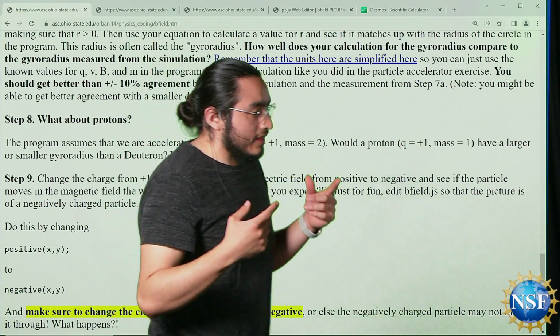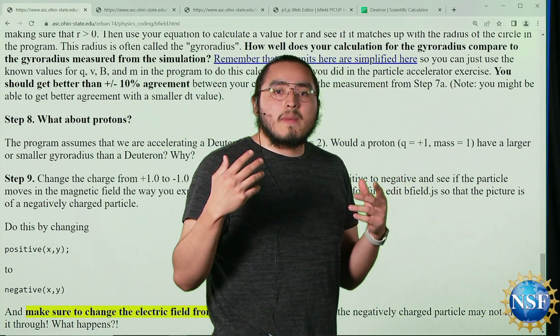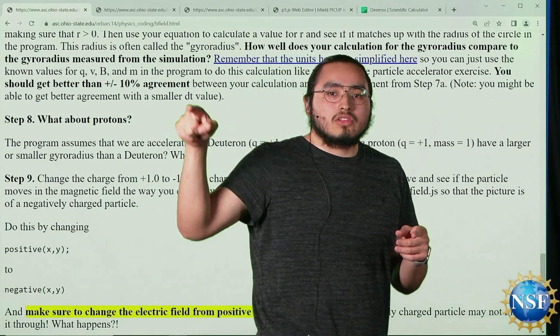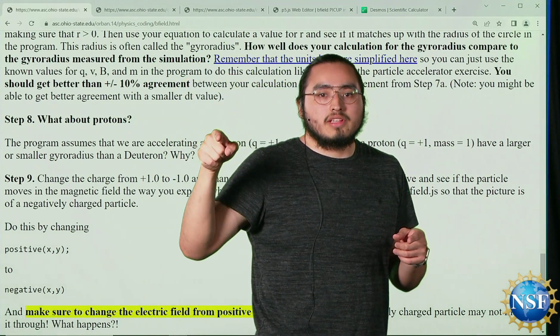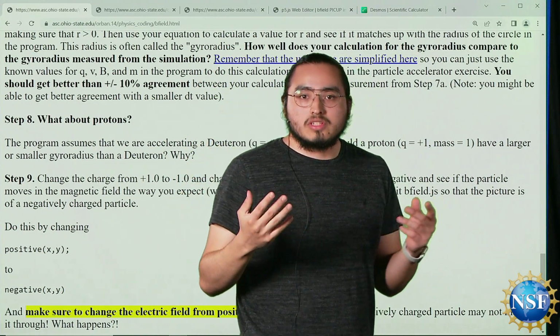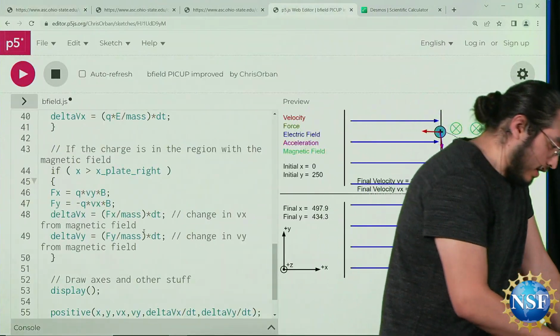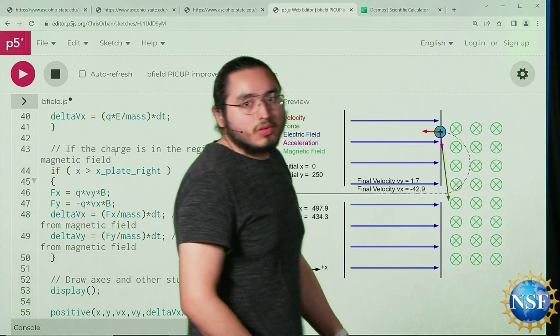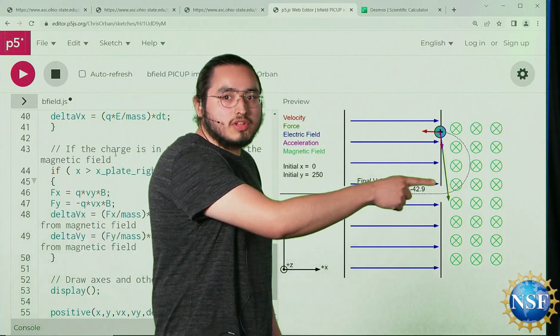We can begin to think, well, having the mass be smaller, will that lead to a larger gyro radius, or will it lead to a smaller one than what we saw with the deuteron? So we go back to our code. This is what we got with the deuteron. We got this result.